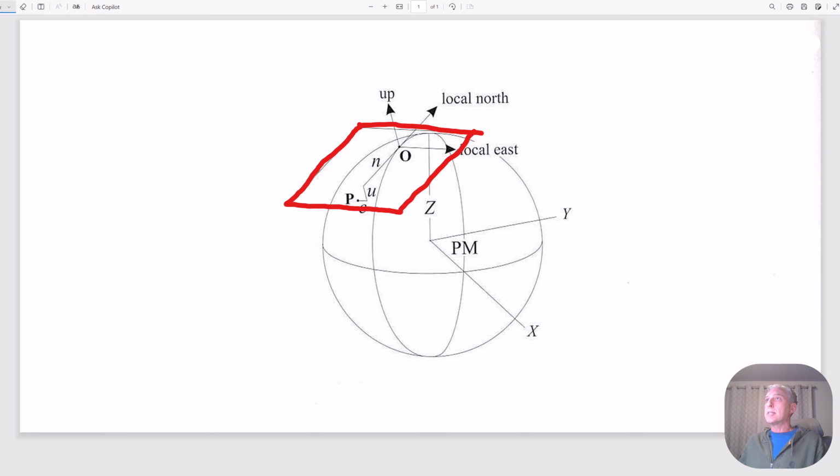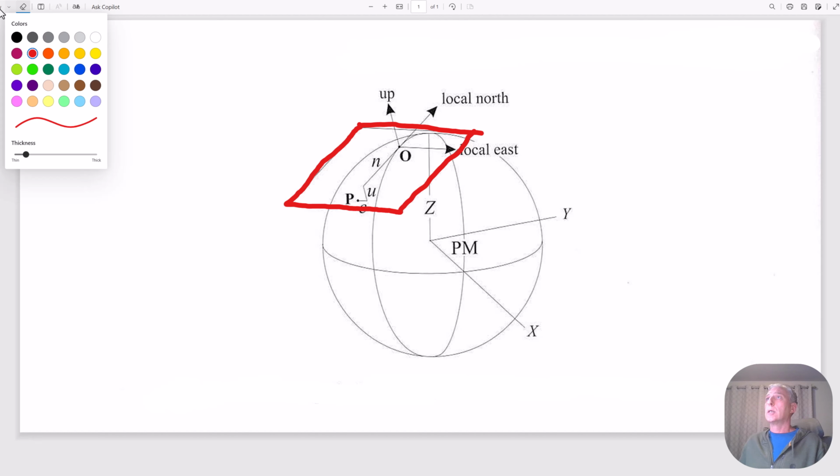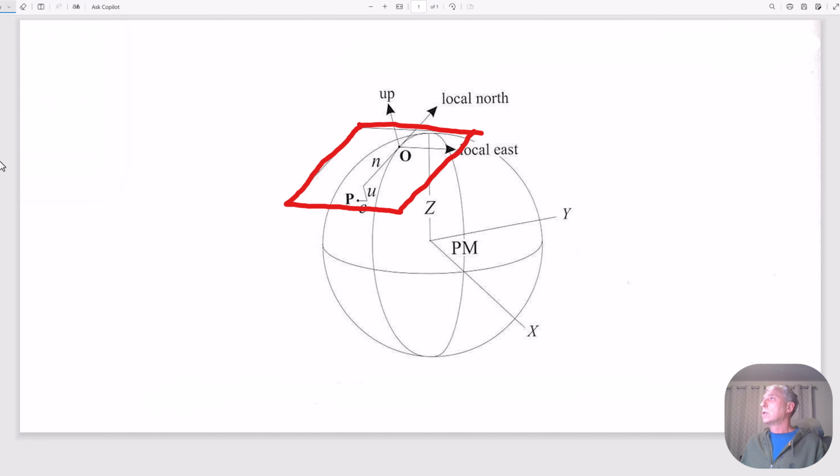And the axes that we use are the, so we have the up axis here. And if we were to extend it, the up axis is the extension of the geodetic latitude of our origin here. So here's our origin.